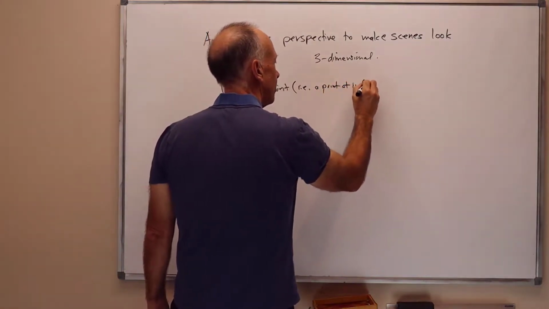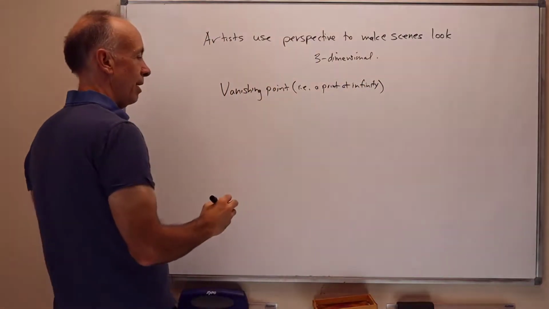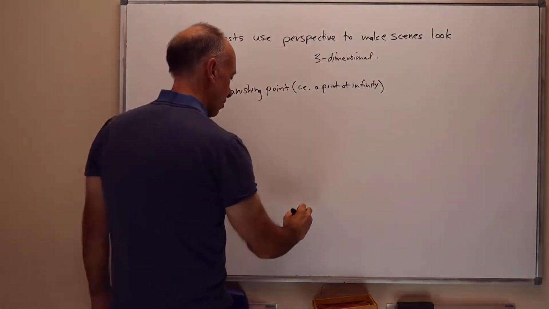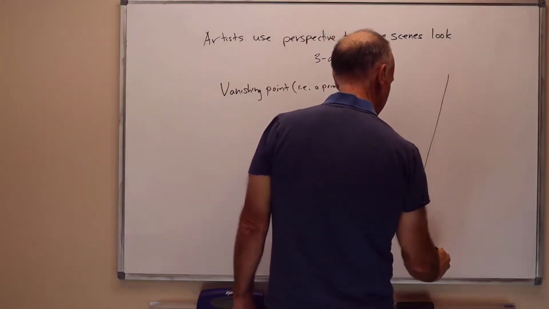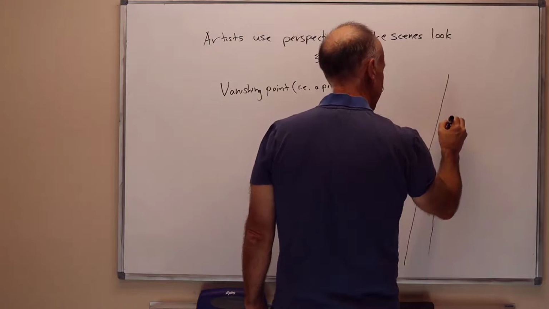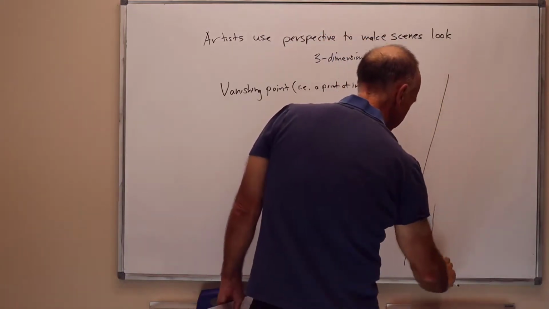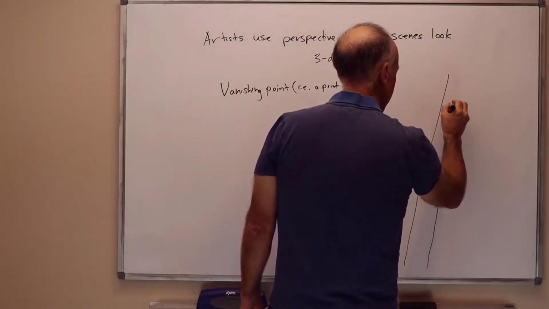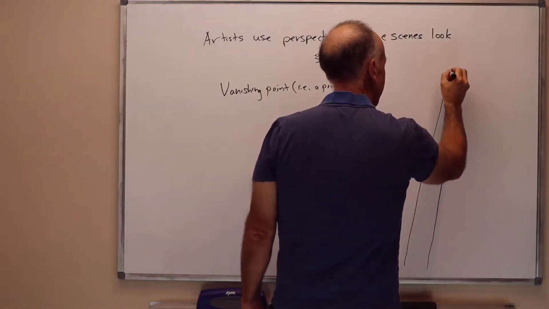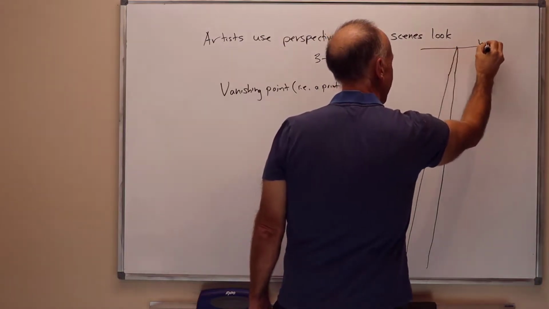So an example of this would be where you have a road. Here's a road extending out, and it's going off to the horizon, and so we just sort of let it draw that straighter. And at some point out here, it intersects at the horizon.